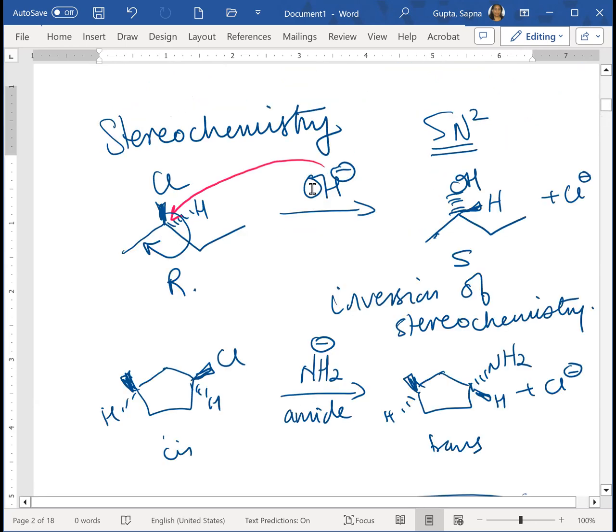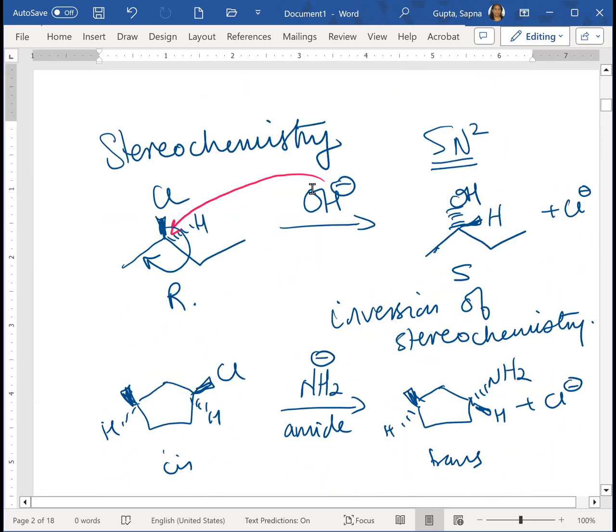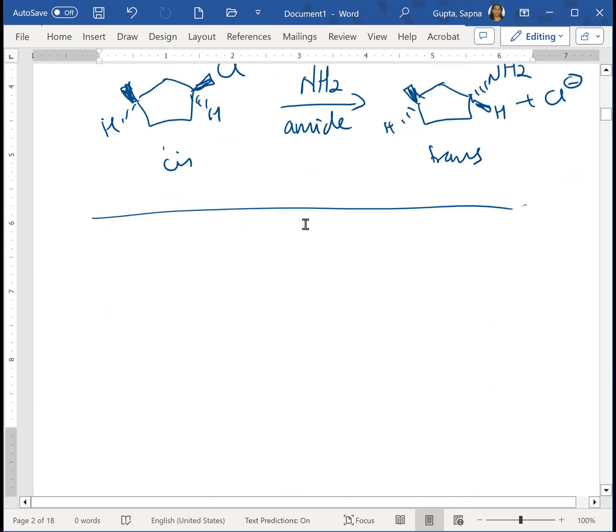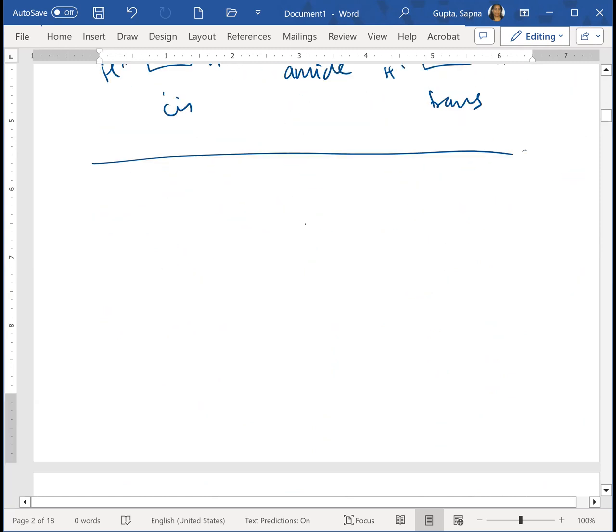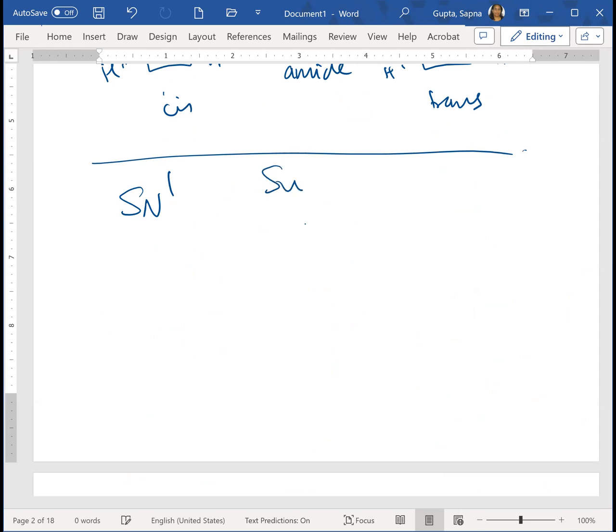So this mechanism that we just talked about was Sn2 mechanism. Now I'm going to talk about Sn1 mechanism. Same thing, substitution, nucleophilic, but now the 1 means first order.